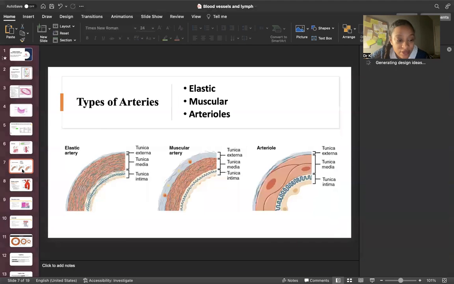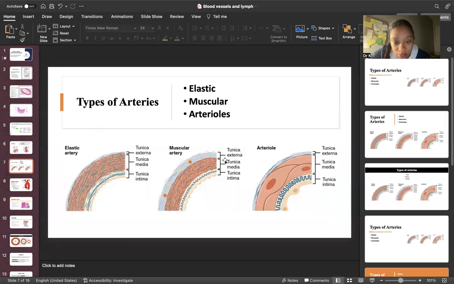Let me show you here. So you can see from the elastic artery, this tunica media is huge, right? And that's because of that recoil. They need to be able to participate in that. But this tunica externa is just for support, right? And then you see here the muscular artery, that tunica media is not as huge. It's almost the same as the tunica externa.